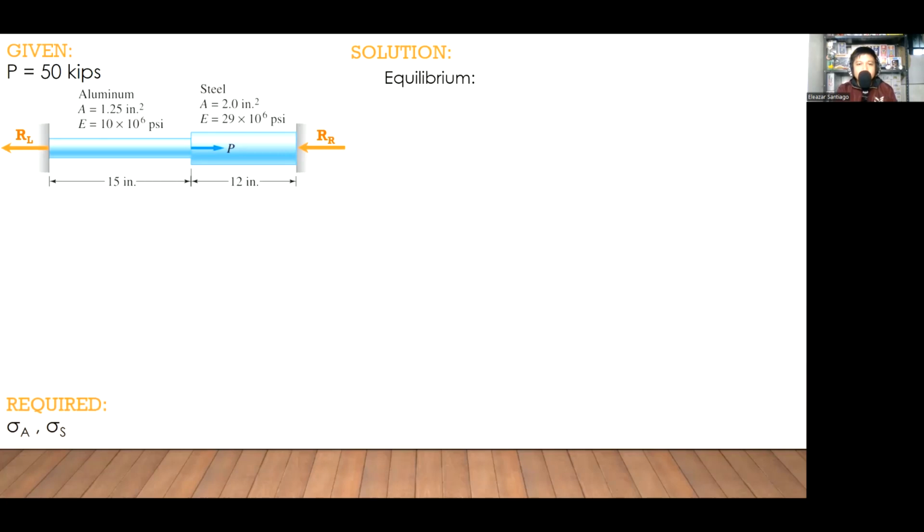If we consider the summation of forces horizontal equal to 0, that is to the right minus to the left forces equal to 0. To the right, we consider P, while to the left we have both the reaction at the left and the reaction at the right. Therefore, P minus R sub L minus R sub R is equal to 0.